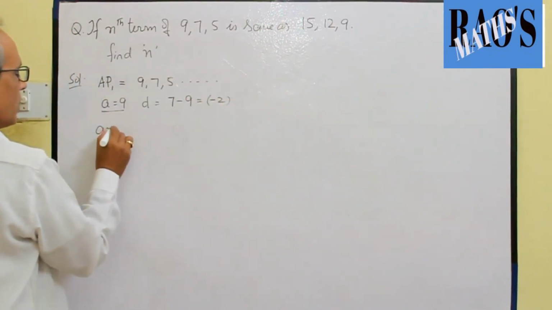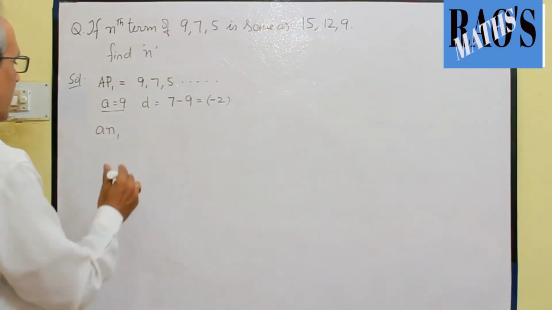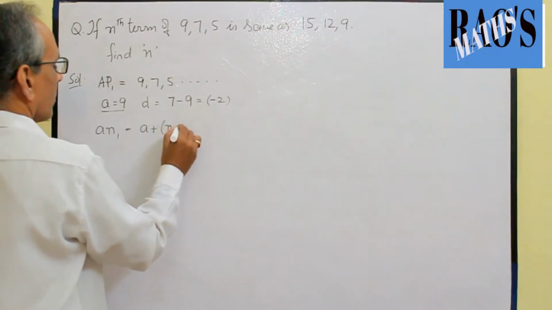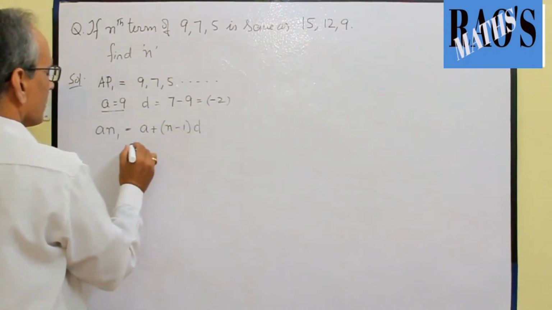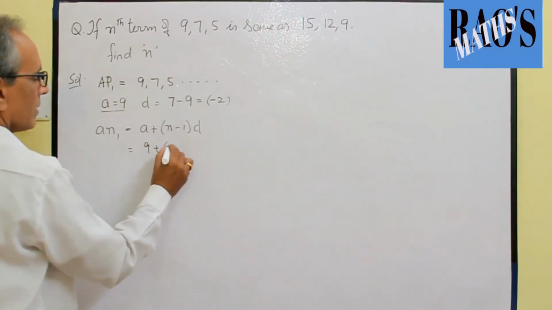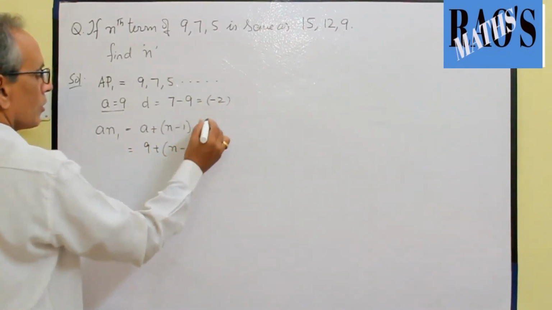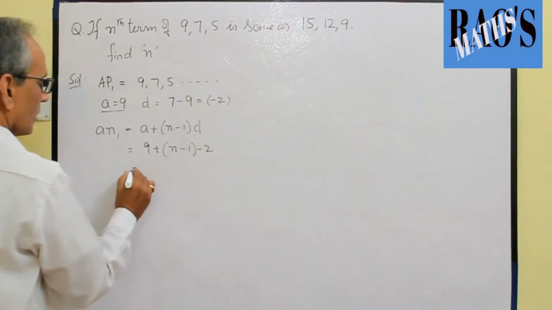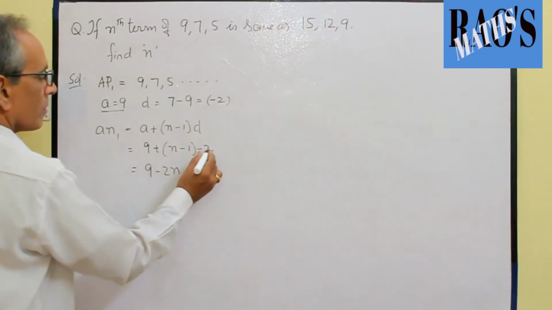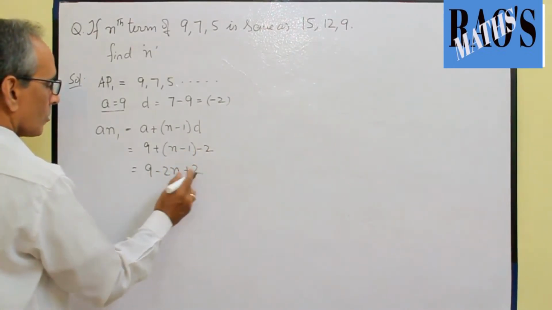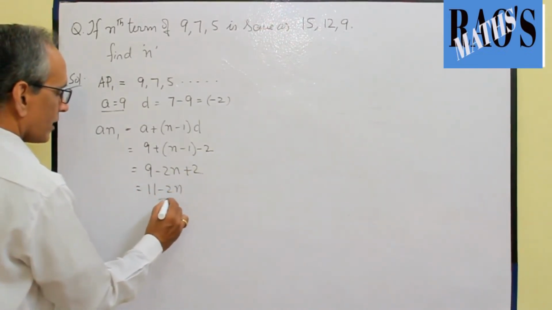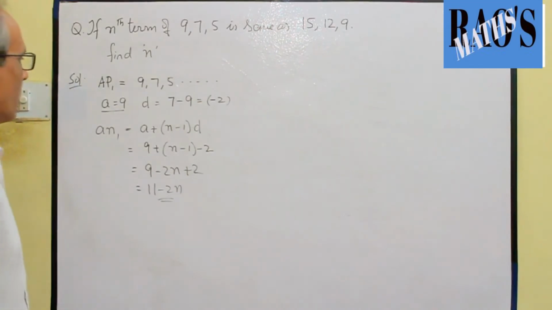Now the nth term of AP1 is A plus (n minus 1) D, that is 9 plus (n minus 1) times minus 2. Let me compute. 9 minus 2n, minus 2 times minus 1 is plus 2. So 9 plus 2 is 11. 11 minus 2n is the nth term of AP1. Now AP2.